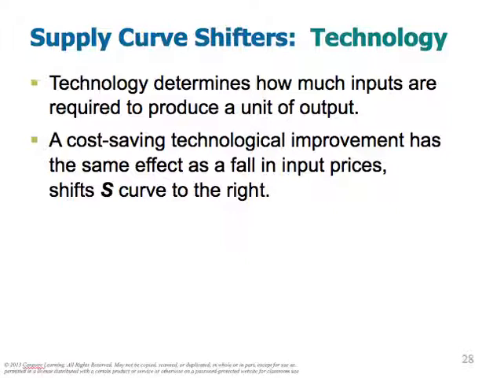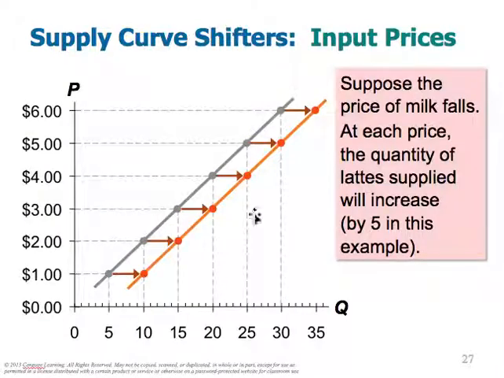And that's why when you experience an advancement in technology, you typically would also experience a fall in input prices, and that would result in a similar shift in the supply curve, like here. If we have an advancement in technology, input prices typically fall, and we'd have an outward shift in the supply curve.